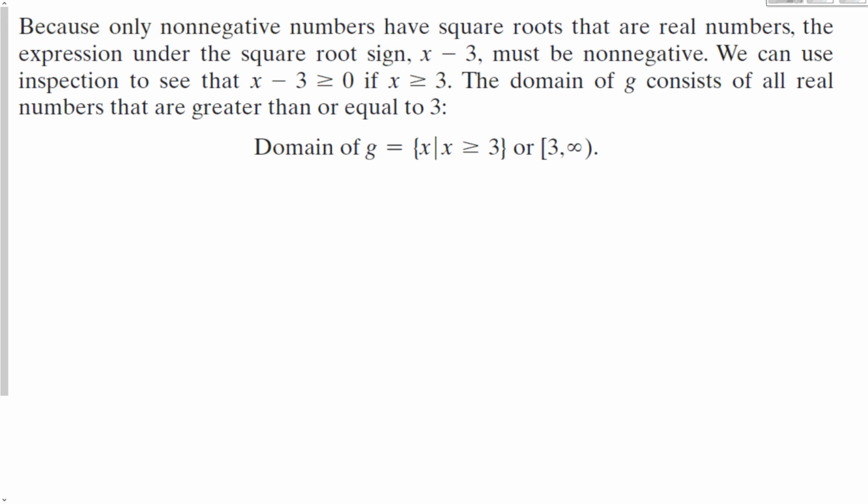Saying that with set builder and interval notation, it looks like that. Here's the explanation from the text: because only non-negative numbers have square roots that are real numbers, the expression under the square root sign, x minus 3, must be non-negative. We can use inspection, meaning we can just figure it out by looking at it. The domain of g consists of all real numbers that are greater than or equal to 3, again in set builder notation and interval notation.